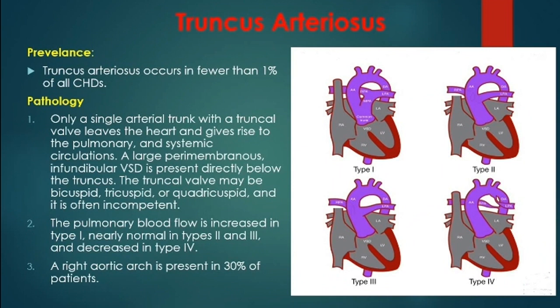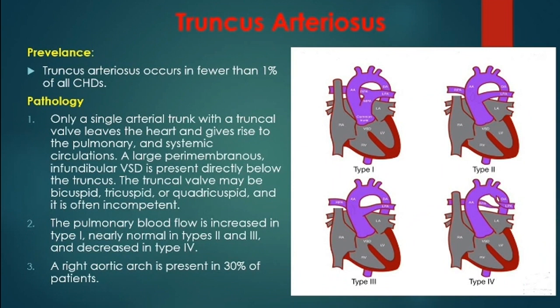In type 2, both right and left pulmonary arteries arise from the back of the trunk. And in type 3, they arise from the sides of the trunk. Type 4 is not actually a truncus, it's some variant with severe form of Fallot and pulmonary atresia, what we sometimes call pseudo-truncus arteriosus.